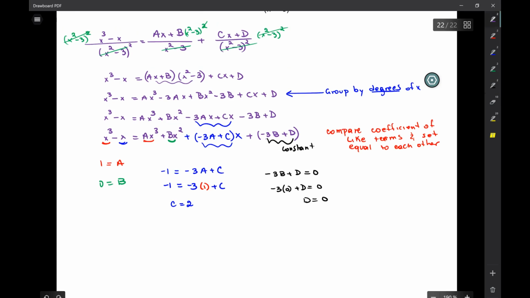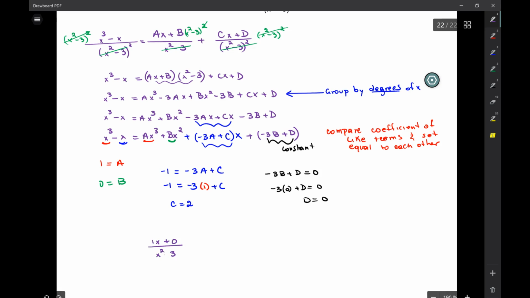Okay, let's put all this together. I have my two fractions over there. So, ax plus b. A is 1, so 1x plus b, which is 0, over x squared minus 3.